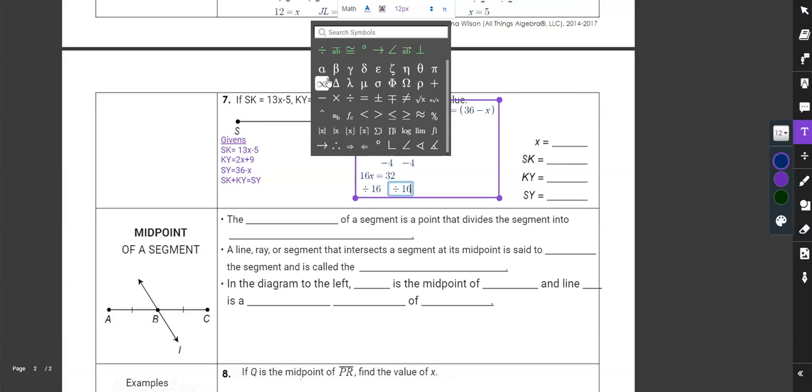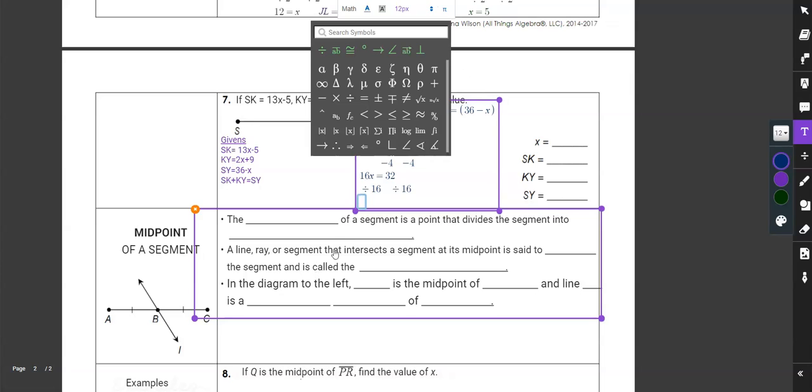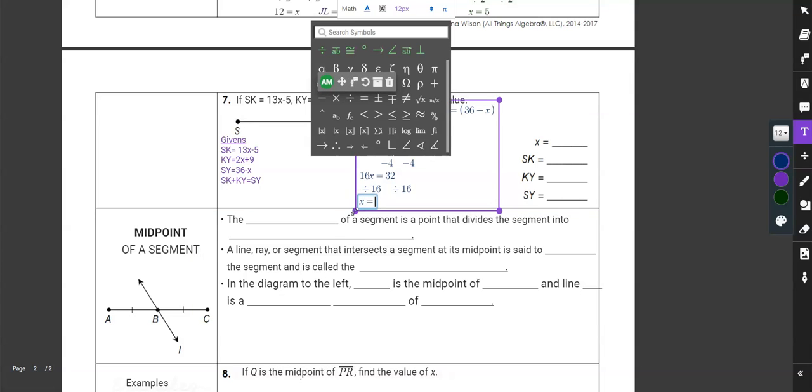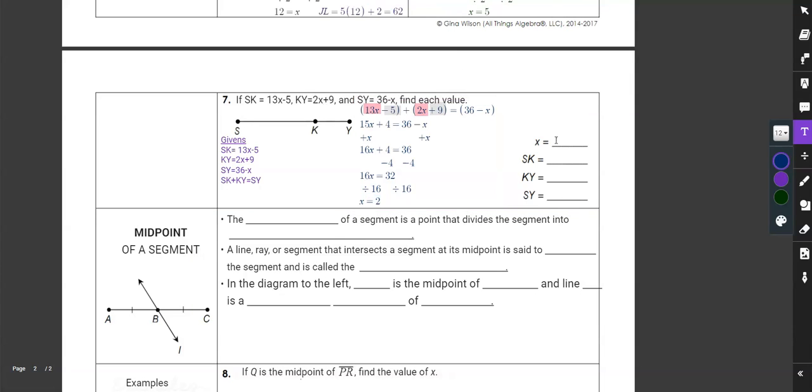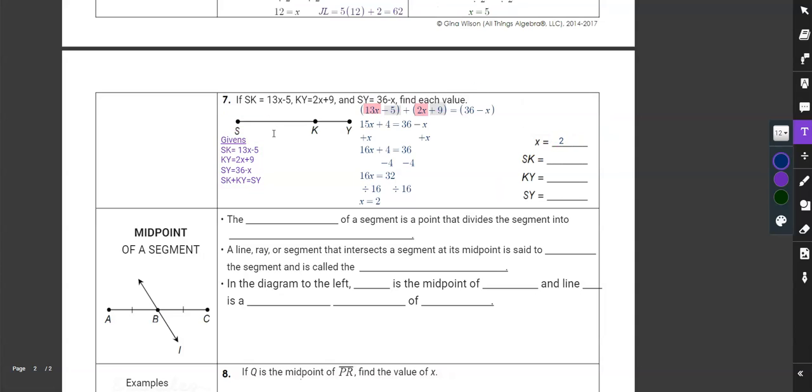So this 16. And that is going to leave us with a final result of x equals 2. So x equals 2. Now, we need to take that information and plug it into SK and KY and SY.